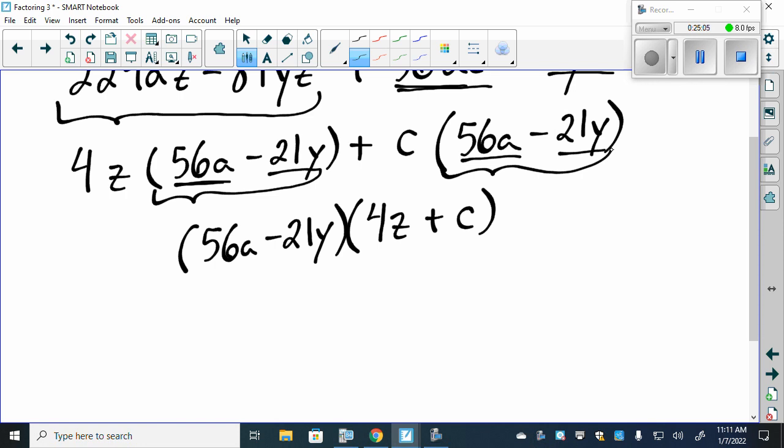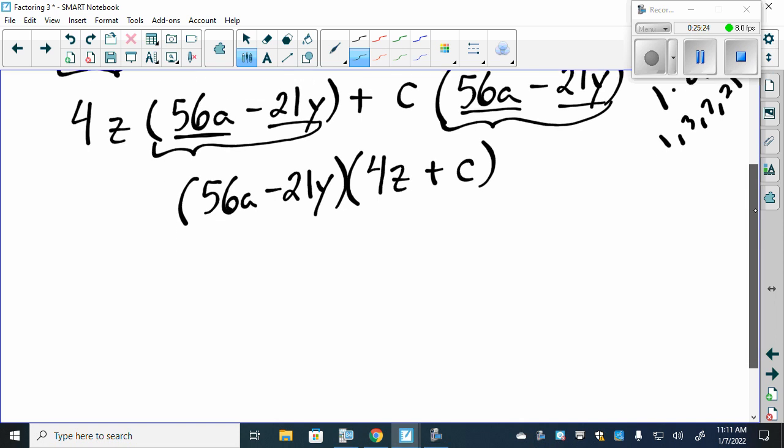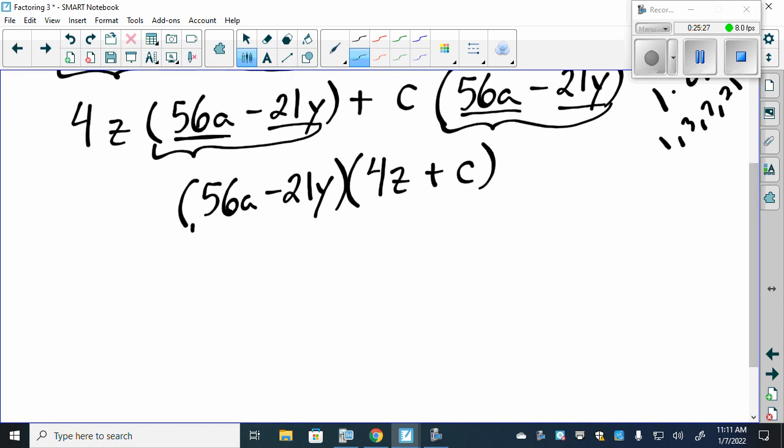Because 56 and 21, well, 21's factors are 1, 3, and 7. So all that means is that if we wanted to, between these two here, there is a greatest common factor of 7. If we wanted to pull it out, we could pull it out and say 7 times 56 would be 9?